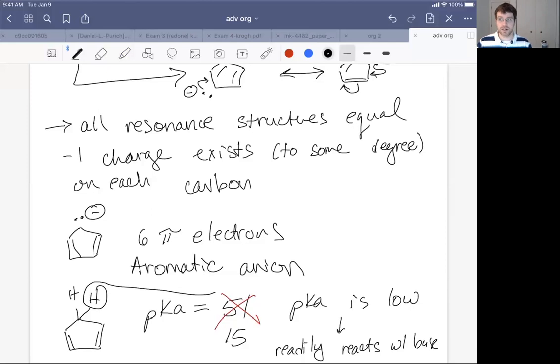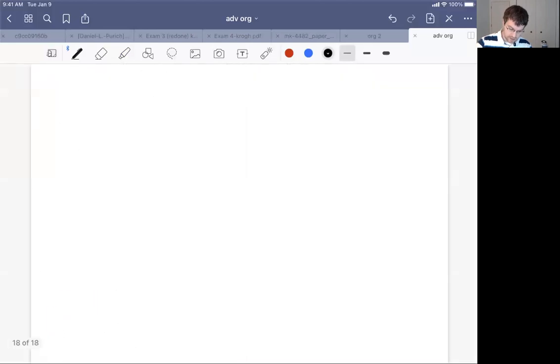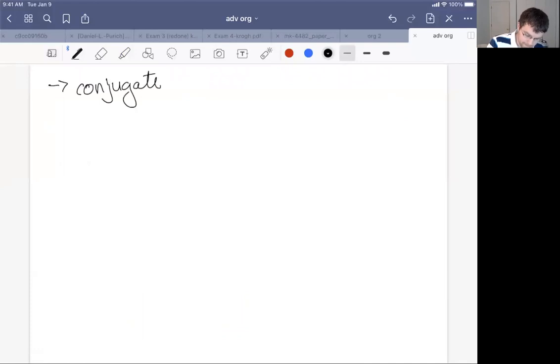But what I want to focus on instead is that the alkoxide and hydroxide can remove this hydrogen from a carbon because the conjugate base is stable. Why is it stable? Well, because it's aromatic.